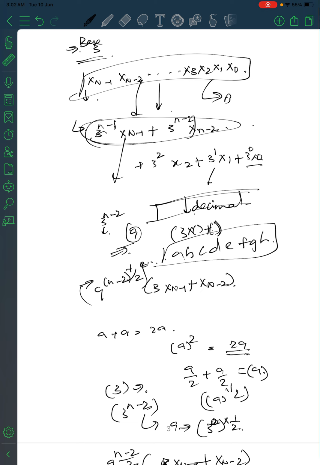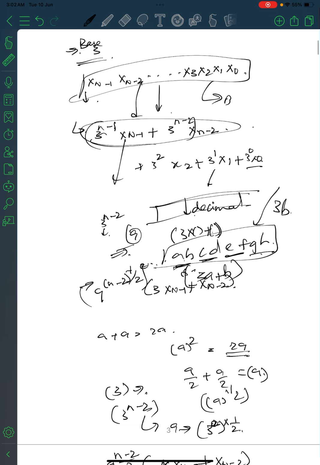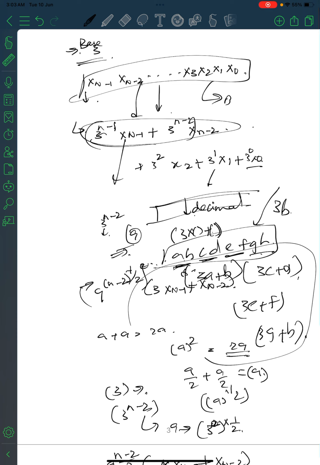If this is the decimal equivalent of a base 3 number, now base 3 digits are grouped in groups of 2, groups of 2, groups of 2: 3a plus b, 3c plus d, 3e plus f, 3g plus h. In this way we will have this particular thing. So this is the resultant.